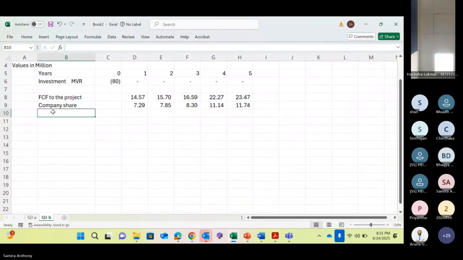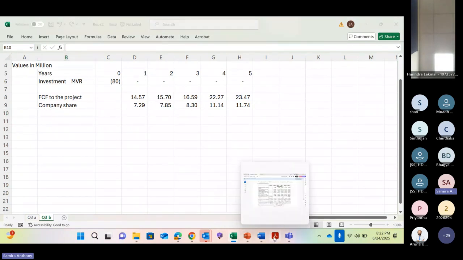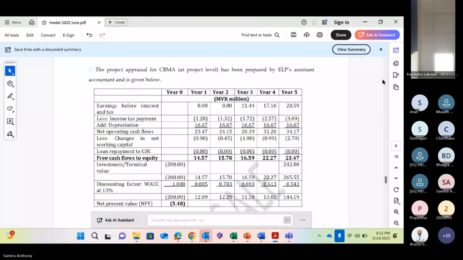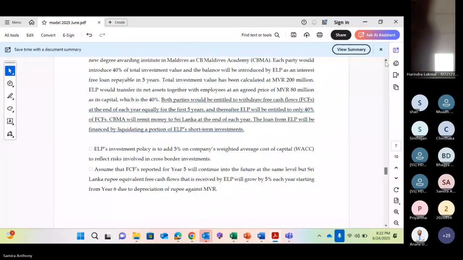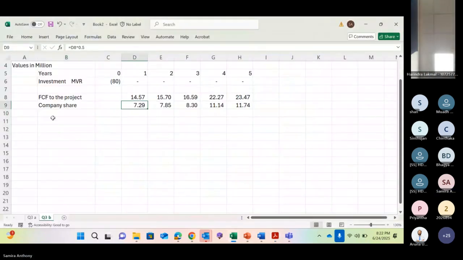Now, what we actually get in the first 5 years: we will invest 80 million Maldivian rupees as per the question, and we will get this. Therefore, our net cash flows will be this plus this.